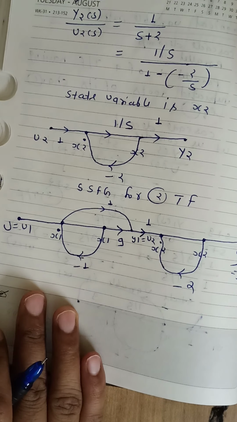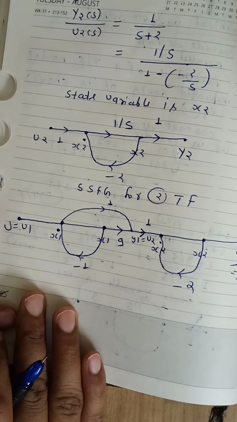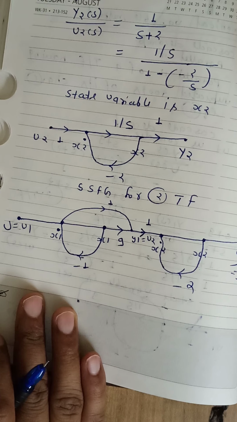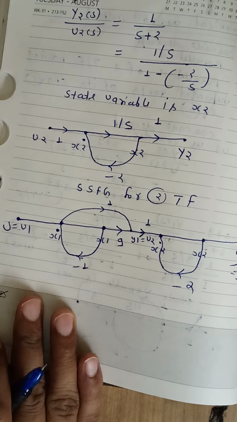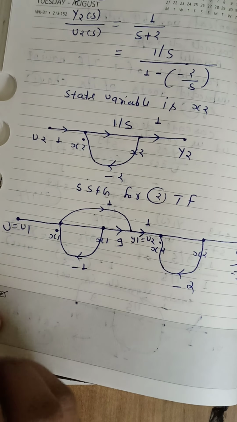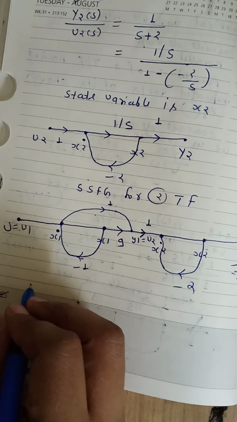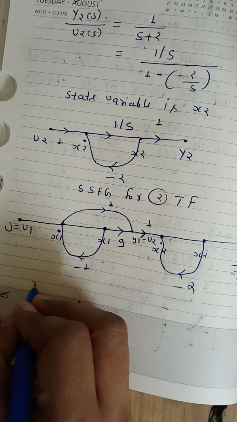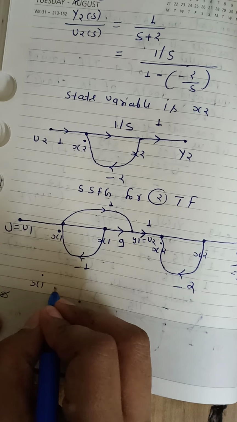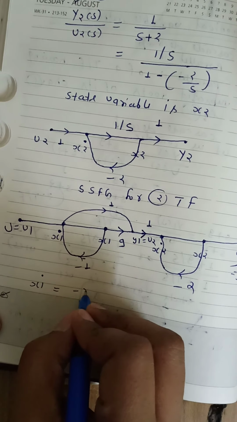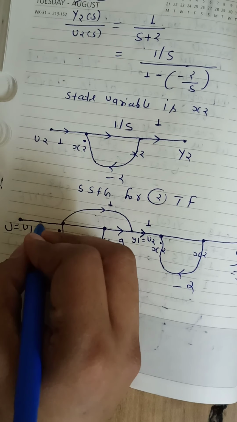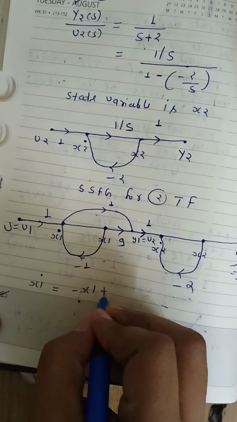According to the given state signal flow graph, we can easily define the state model. So from the diagram we can write x1 dot, it is minus x1 plus u.